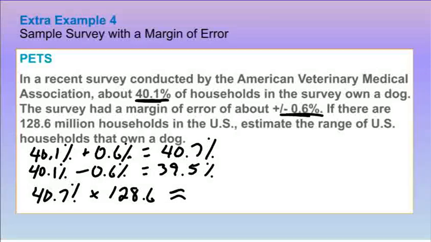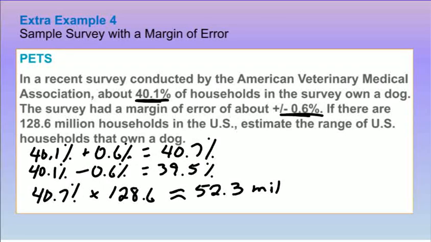So on my calculator, I'm going to put in the decimal. 0.407 times 128.6. That's going to give us 52.3 million. I'm just going to round it to one decimal place.